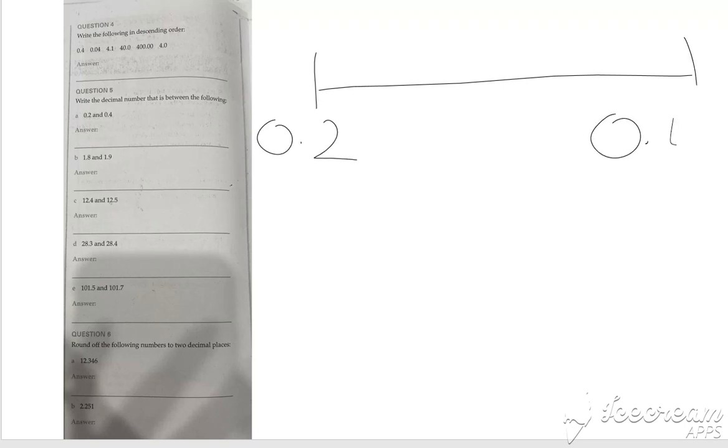For question 5, this one's asking us to think about a number line and thinking, okay, if I've got 0.2 here and 0.4 here, what would I have in the middle? Hopefully you can see this is just like counting numbers. It's going to be 0.3.